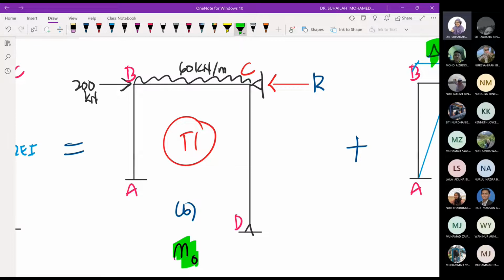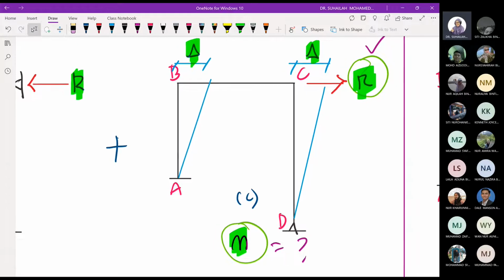And due to the M naught, the end moment that we get from the table, we will calculate R. And the R that we calculate based on table 1 will be used in diagram C.